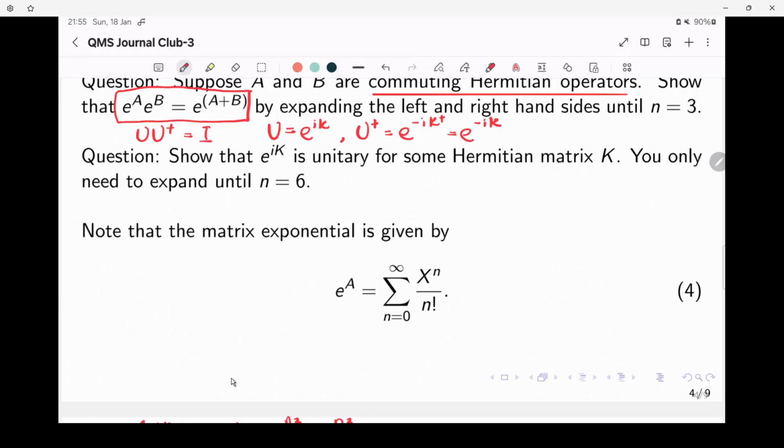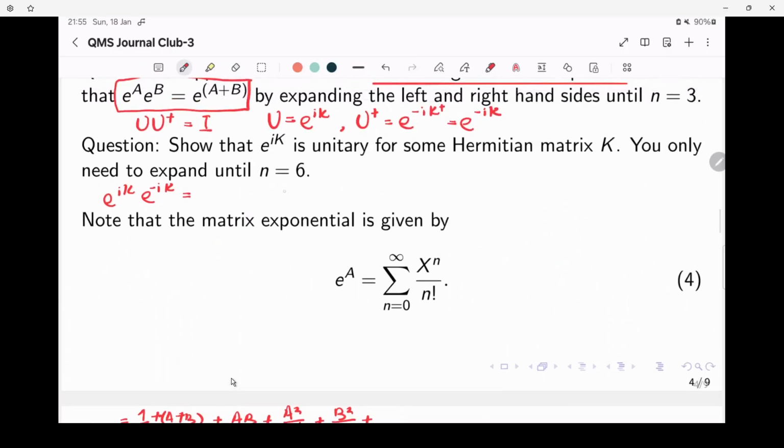So now what you need to do is actually multiply these two together and at least show that until n equals 6, you get identity. All right. So e to the power of ik, you would get identity, and then k. Sorry, you have i.